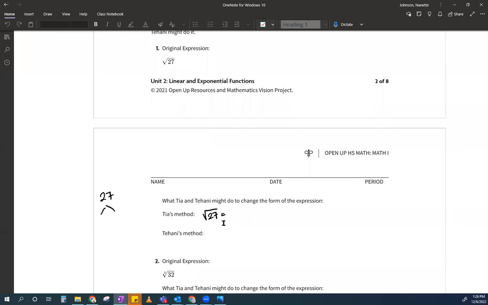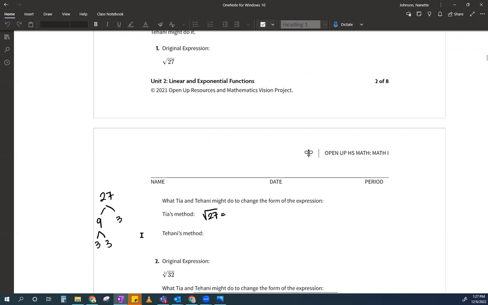Help me out. Very good. Someone says 3 times 3 times 3 or 9 times 3, whichever one you want to do. I thought about 9 times 3 as well, and then 3 times 3. So I'm going to rewrite the square root of 27 like this using these here.